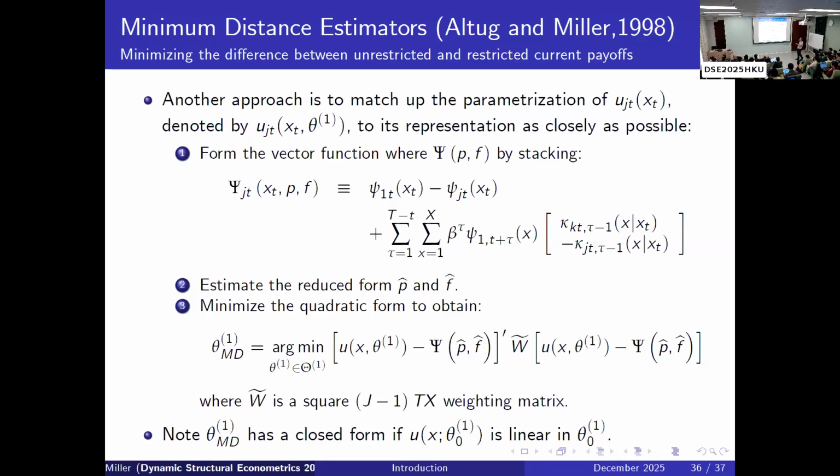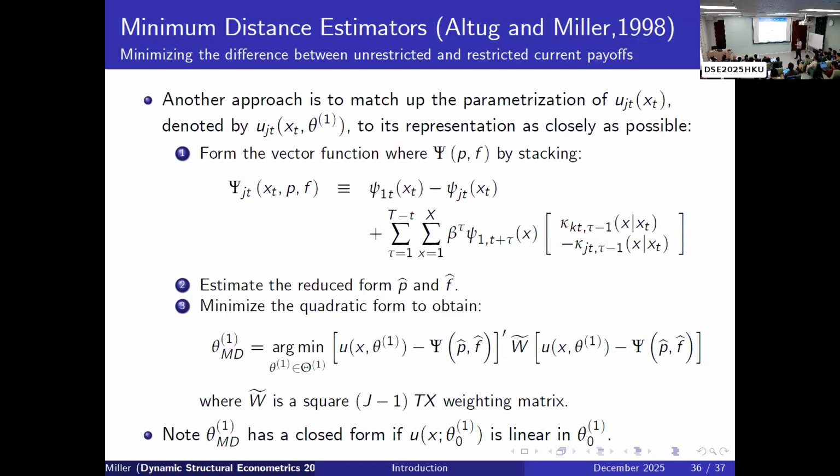Estimate the reduced forms for the p hats and the f's, and then say, okay, we've got the unrestricted estimator, which we actually talked through when we did the identification. We talked about how do we get the differences in the u's? Well, we just difference out the b's. That was the theorem thing.